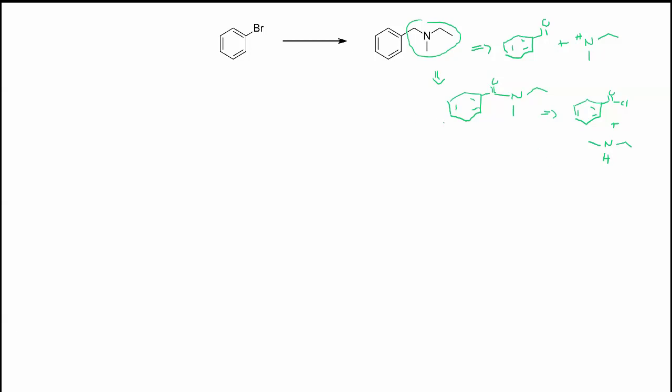The quickest synthesis, I think, is to go through the acid chloride. And what I'm thinking of doing is making a Grignard, reacting it with CO2 to add the 1 carbon, which will give us the carboxylic acid. Then we can do the acid chloride.